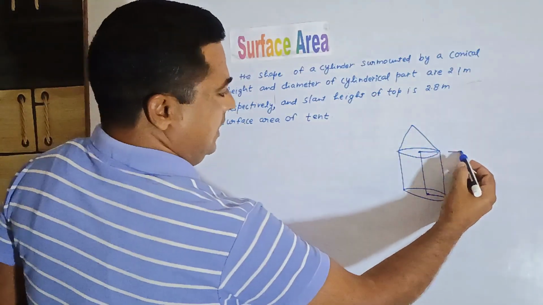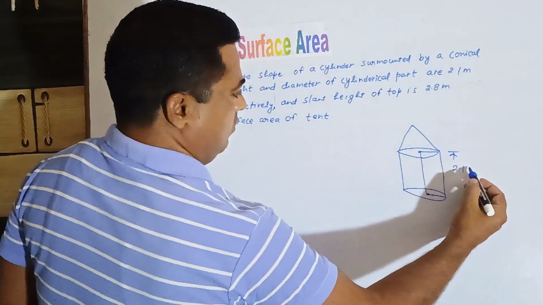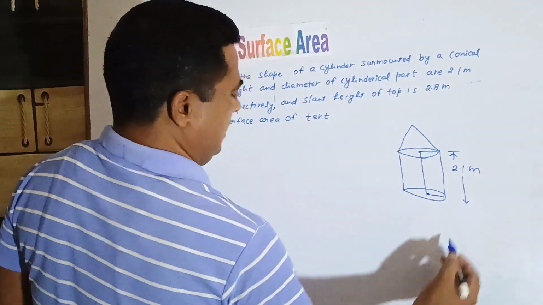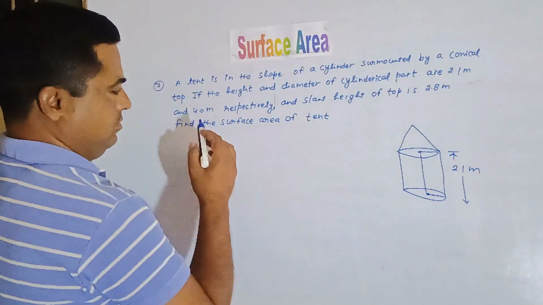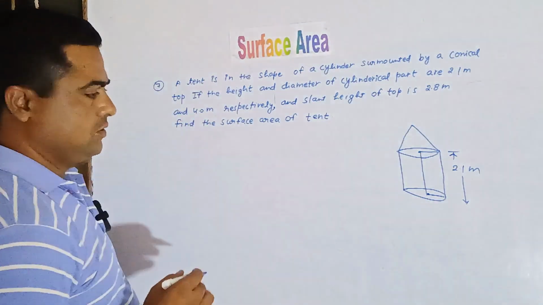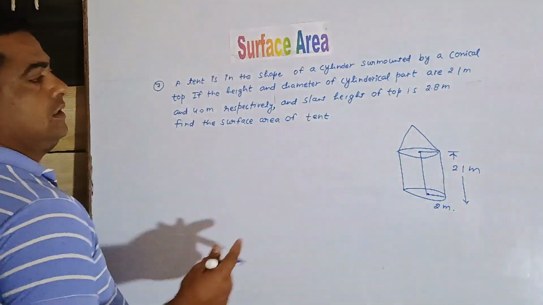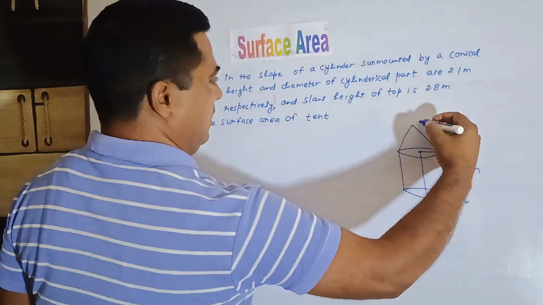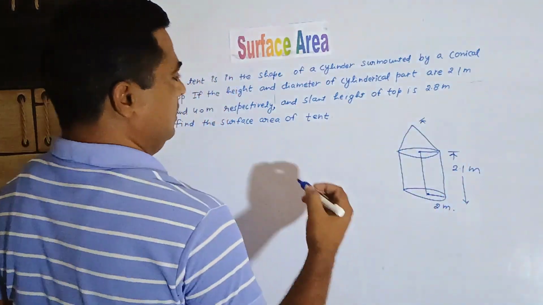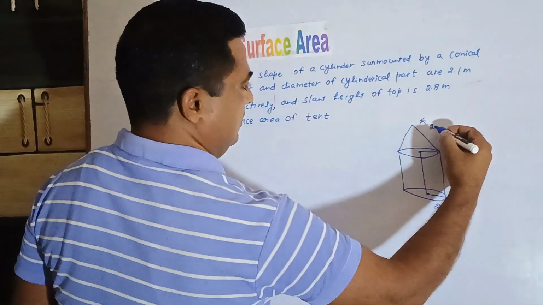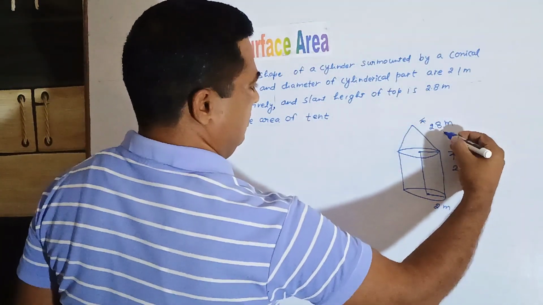So what is the height of the cylindrical part? This is 2.1 meter. And what is the radius? Because the diameter is given as 4, the radius of the base will be 2 meter, correct? And the slant height of the cone is given here. What is the slant height of the cone? This is given here as 2.8 meter.